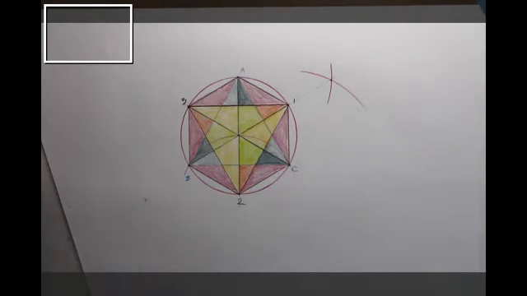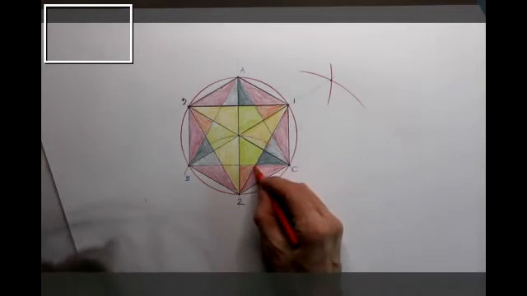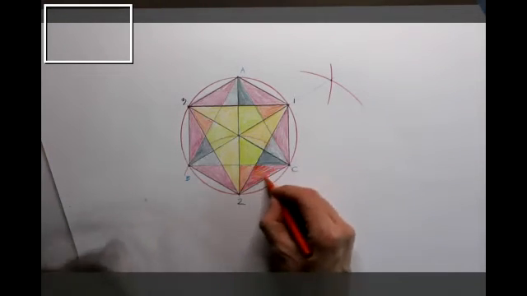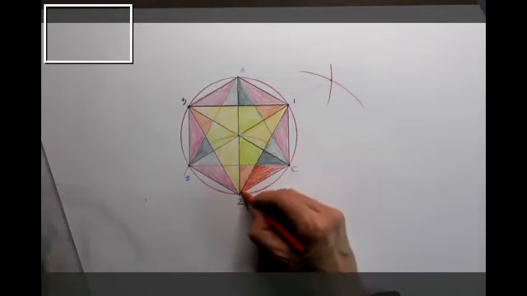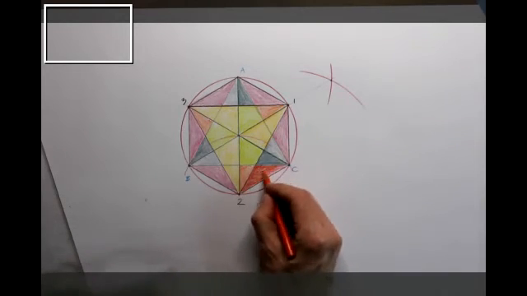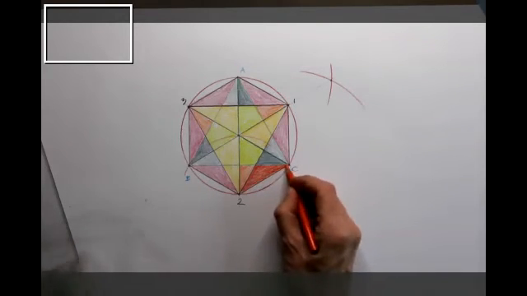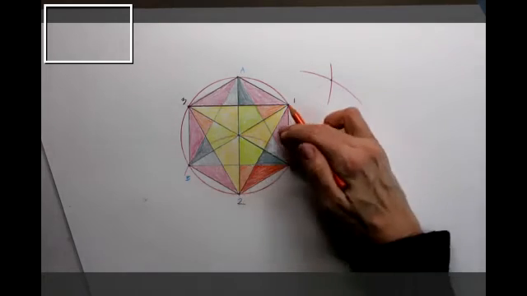Again, maybe I would decide to add another value to alternating triangles on the outer edge. So I'm darkening this one, skipping one.